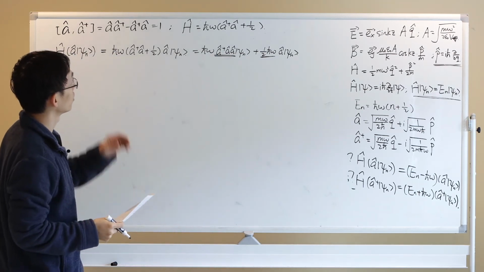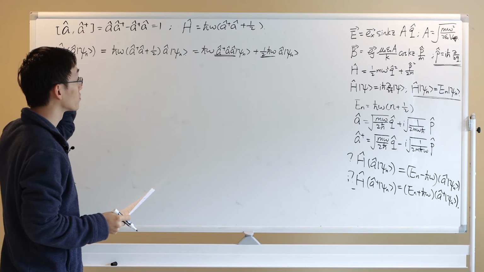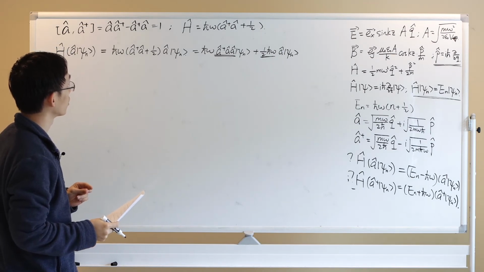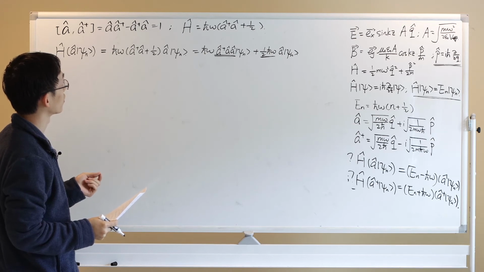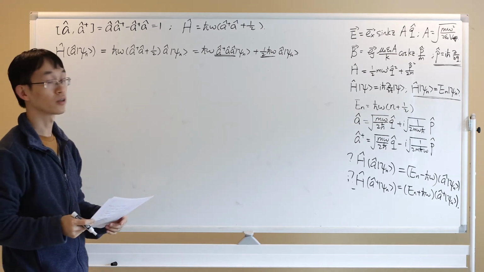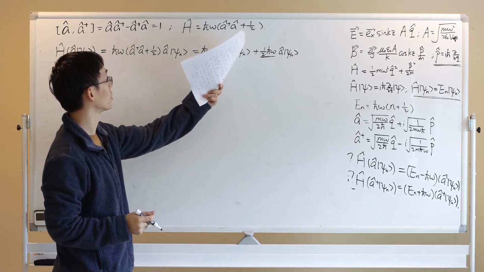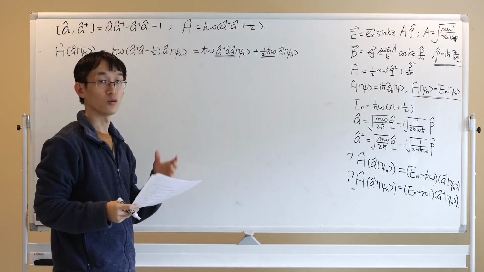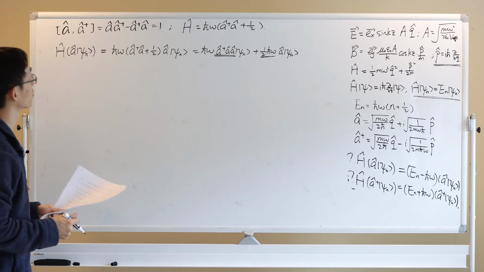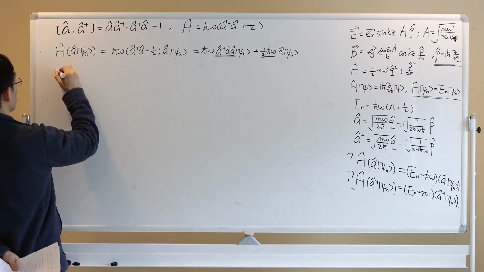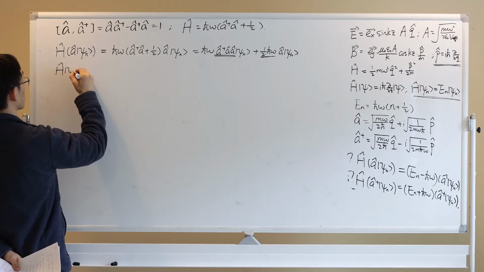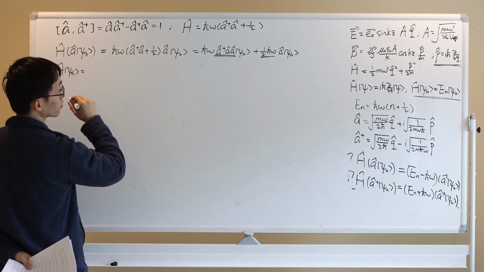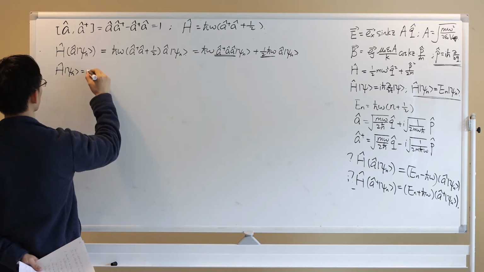We want to make it into a number that we know, right? Currently, we apply a dagger a on this wave function. We actually don't know what it will come up with. So to do that, we have to remind ourselves of this relationship, the eigenstate relationship, where you have En.